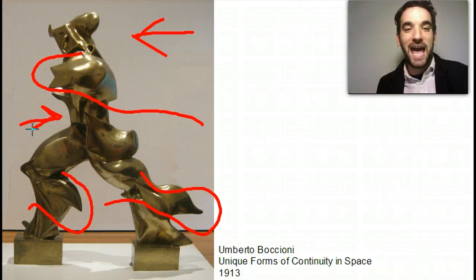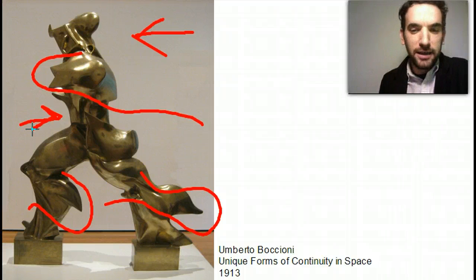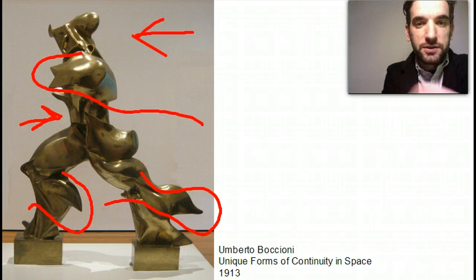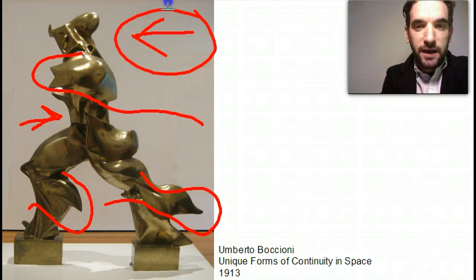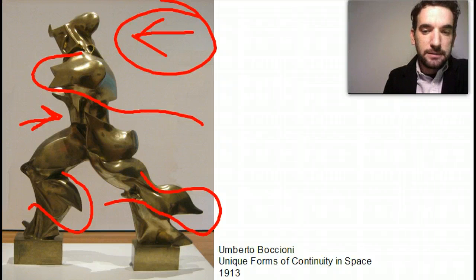Looks like I'm pointing at his abdomen. Look at those abs. He did some sit-ups today. So with all of the force of this person moving in this direction, all of these things are going in the opposite direction. So he is literally looking at the way that people move through space.